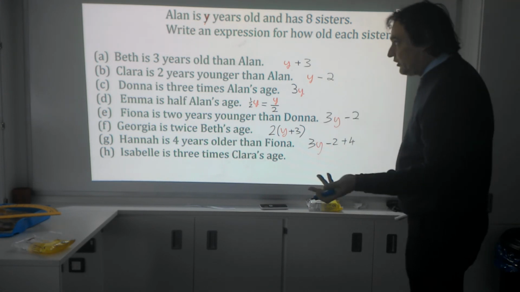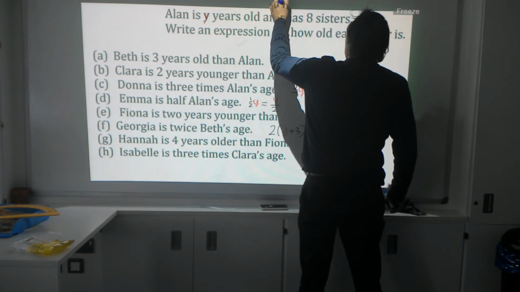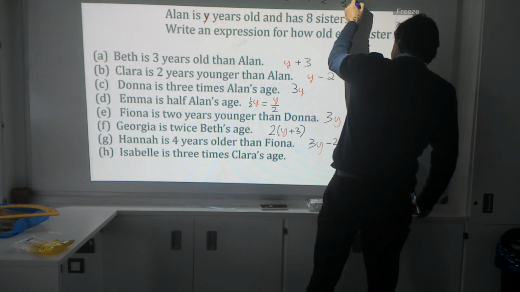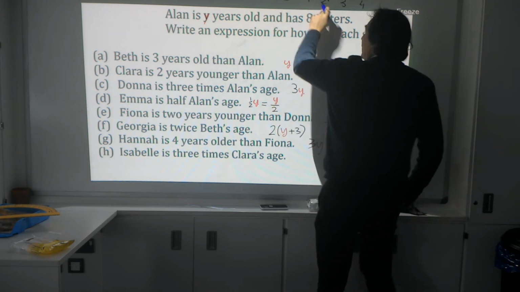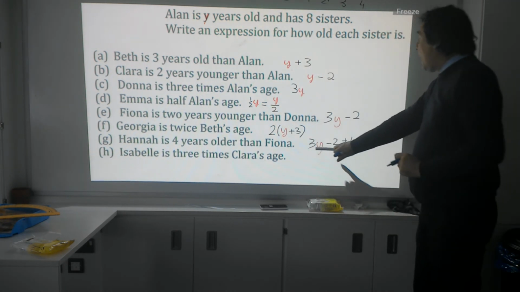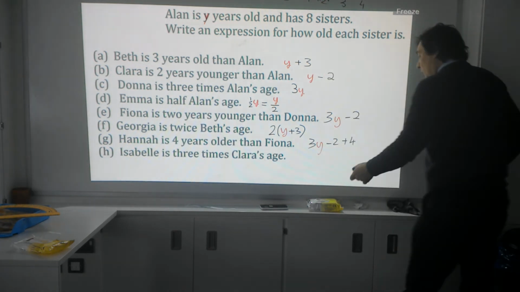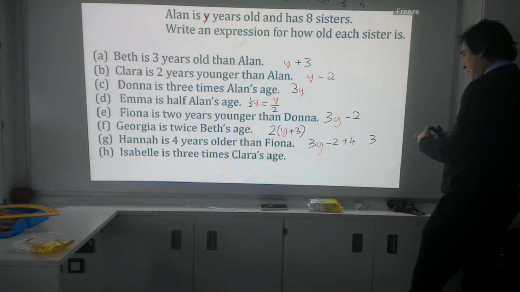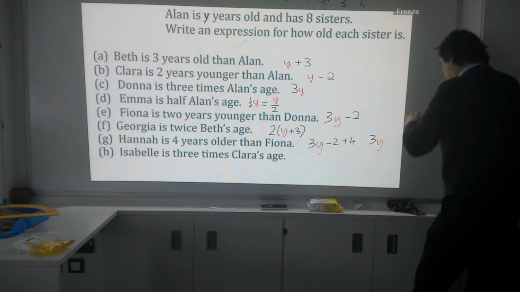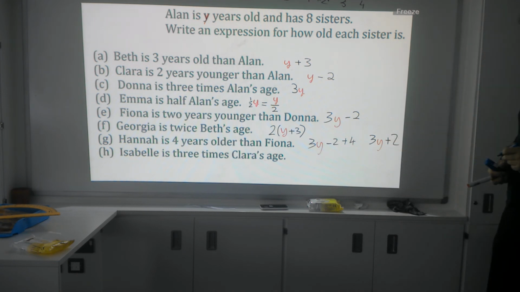Remember my number line: starting on minus 2, minus 1, 0, 1, 2, 3, 4, bouncing there. I get to plus 2. So minus 2, add 4 gets me plus 2. So it's actually going to be 3Y plus 2 for Hannah's age.